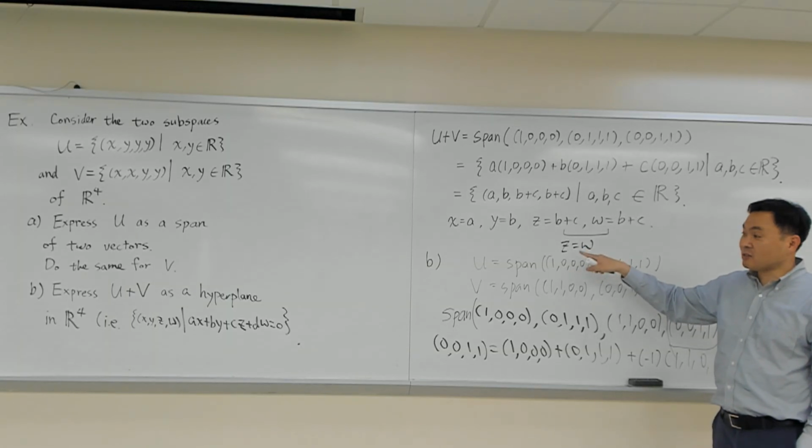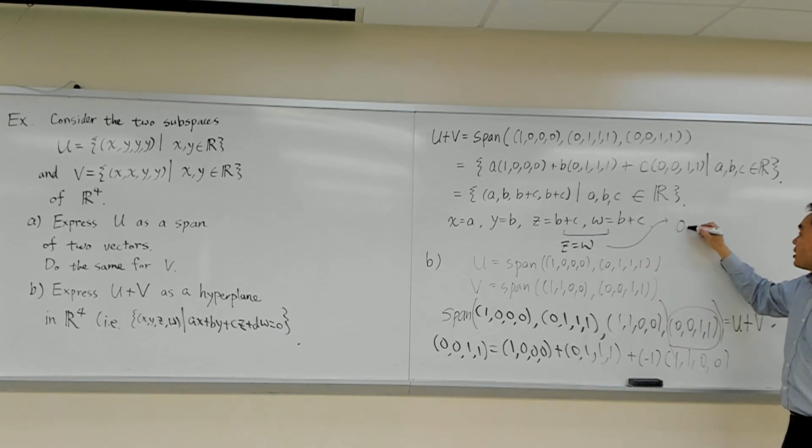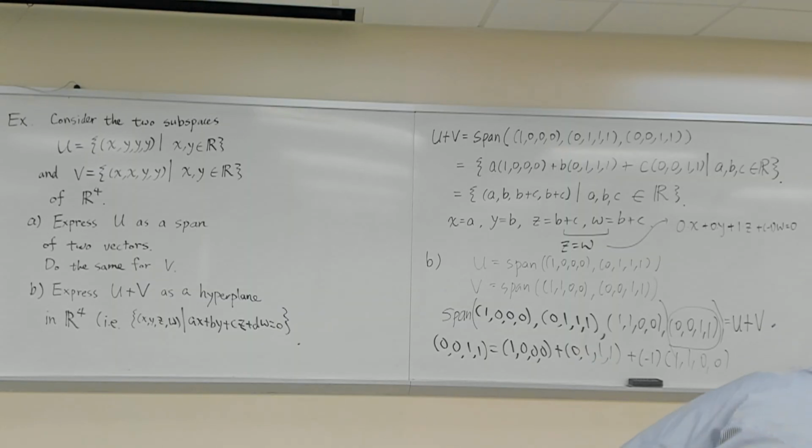And that is indeed a hyperplane, right? Because this can be written as what? 0 times x plus 0 times y plus 1 times z plus negative 1 times w equals to 0, right? All right?